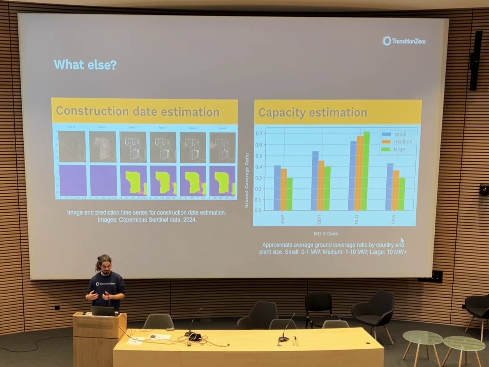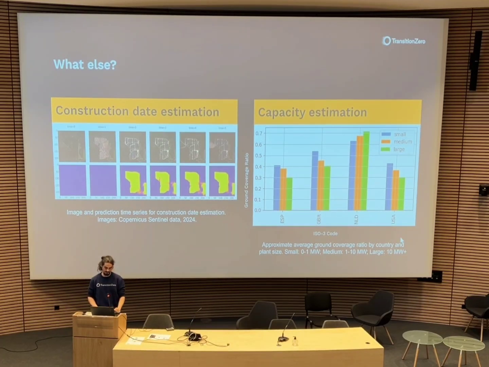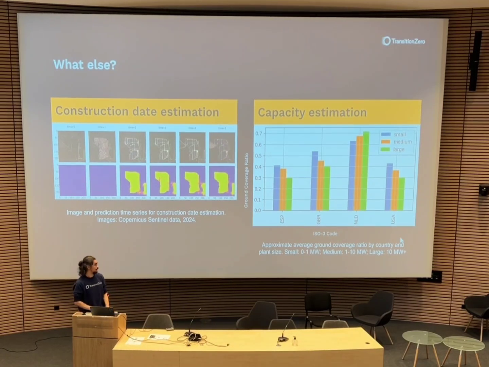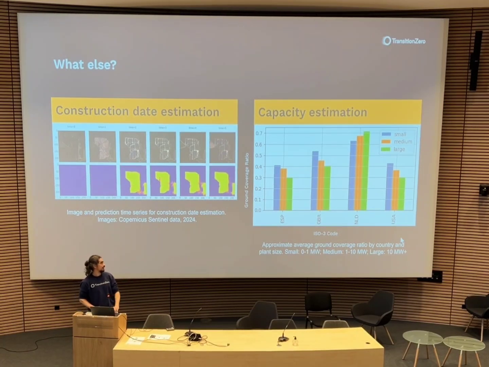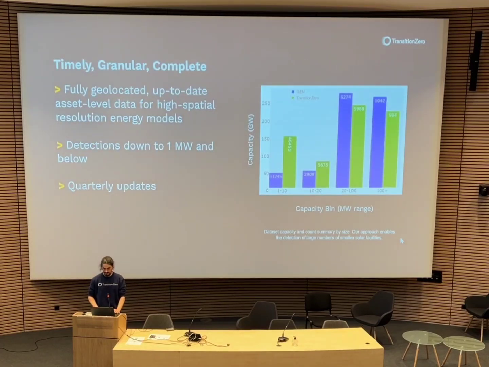And we're also able to estimate capacities, so you can guess the capacity of a solar farm from its size. You can go a little bit further, and we put quite a lot of time into doing a bit better than just estimating it from its size. You can observe some sort of country level effects that tell you that some countries are likely to build denser solar farms than others, and so do slightly better.